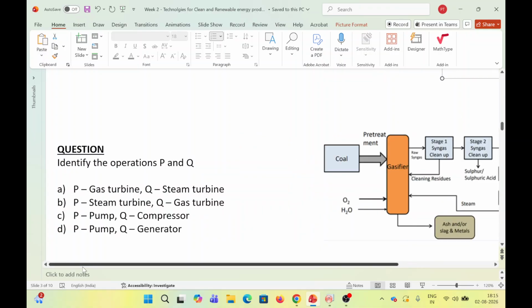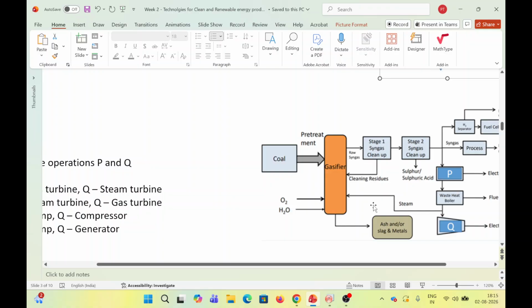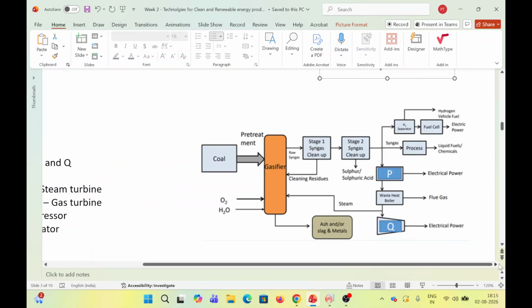Options: gas turbine, steam turbine, gas turbine, pump, compressor, pump and a generator. Option A. Just option A. Okay.